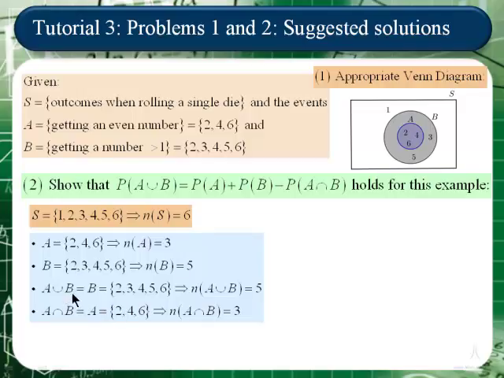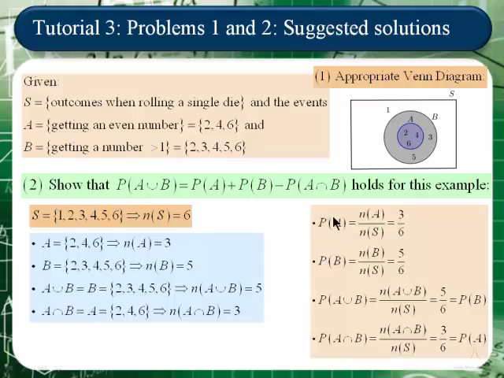Note that the union of the two sets is actually the set B, so therefore it also has a cardinal number of 5, which is the same as the cardinal number of set B, while the intersection of these two events is the event A, and therefore the cardinal number of the intersection of the two events A and B is really identical to the cardinal number of event A, which is 3.